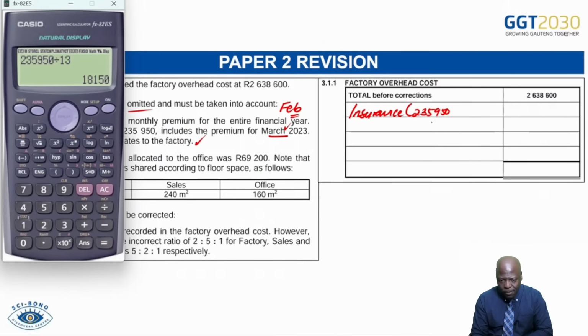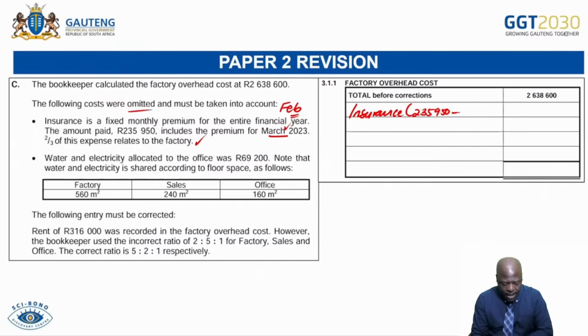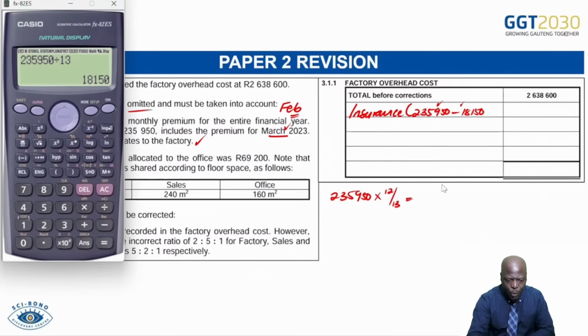That's one of the options, where you come here and say minus 18,150. Another option would be to take 235,950 and multiply by 12 over 13. It would still give you the same amount.